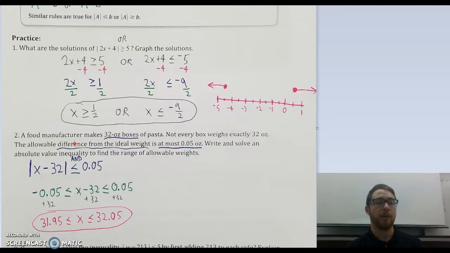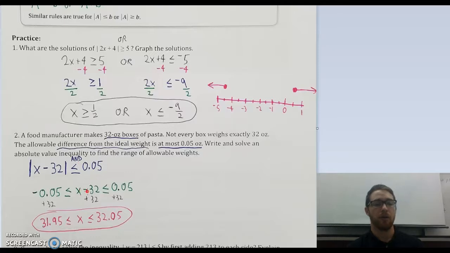And when I'm finding the difference from the ideal weight, again, difference is subtraction, so any number that I use minus my ideal weight. If I go a little bit over or a little bit under, the absolute value of that difference from the ideal weight has to be within 0.05, because I can't go any further or else it's not going to be close enough to my box of pasta to sell it. So again, as soon as I see that absolute value is less than, we treat it like an AND inequality.